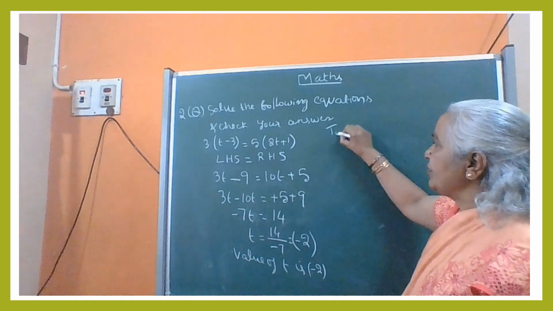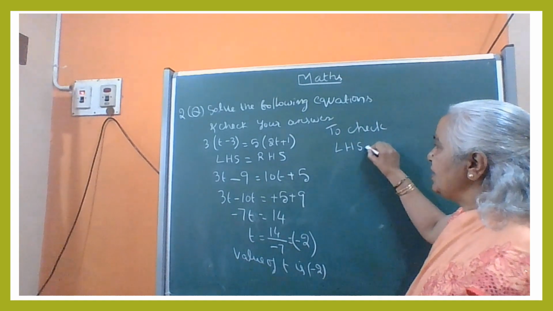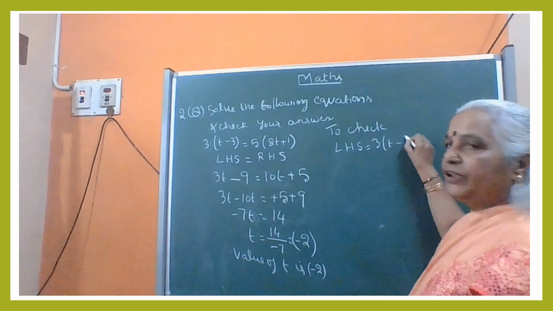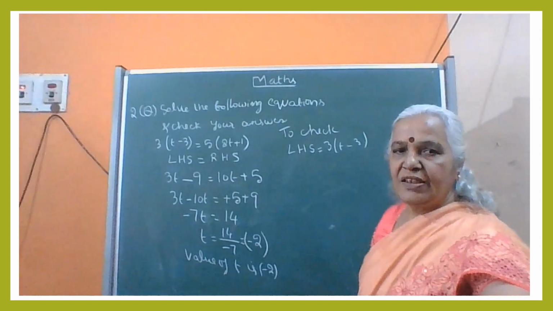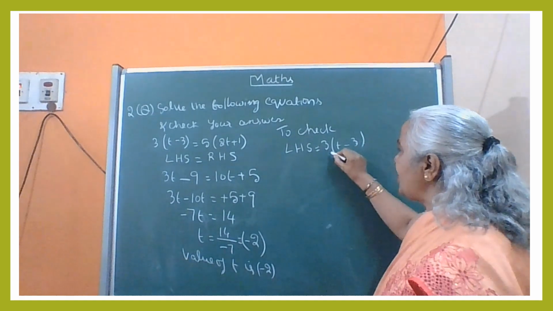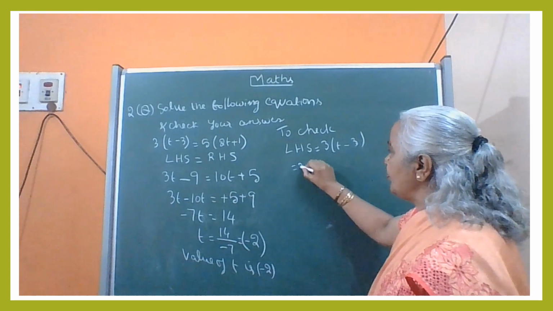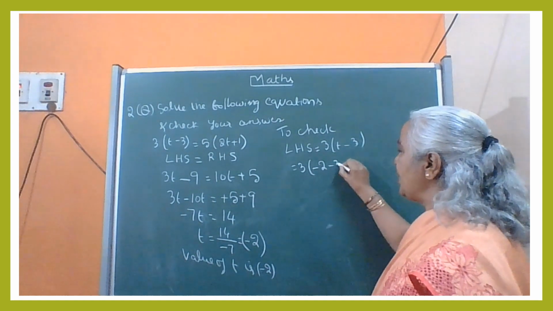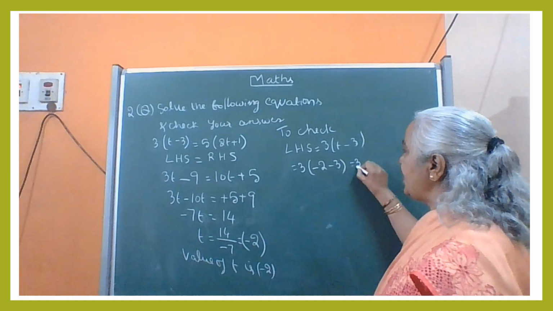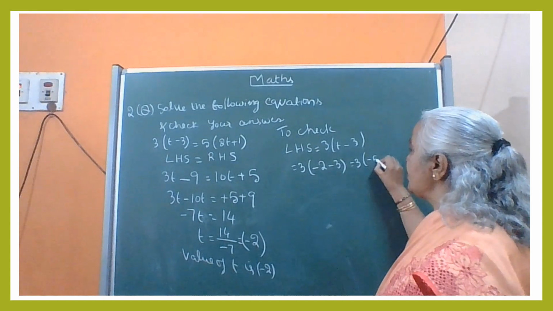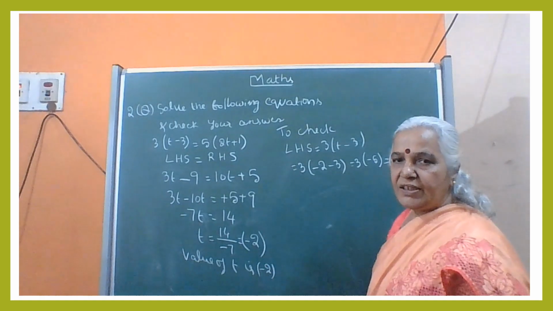Now to check, what is there in the left hand side? It is 3 into t minus 3. In the place of t, you have to put minus 2. That means 3 into minus 2 minus 3 is 3 into minus 5 is equal to minus 15.